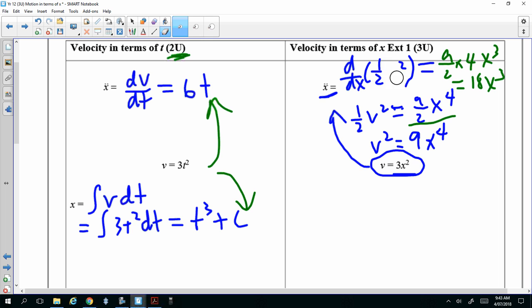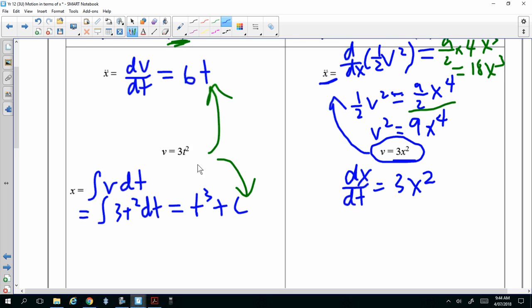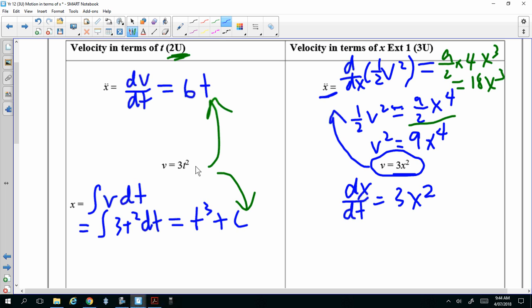3x squared. Again, you can't integrate straight away like you did in advance. You have to take the reciprocal first. Reciprocal this, so you have to go dt over dx equal to 1 over 3 x to the power negative 2 before integrating, which will give you t in terms of x.